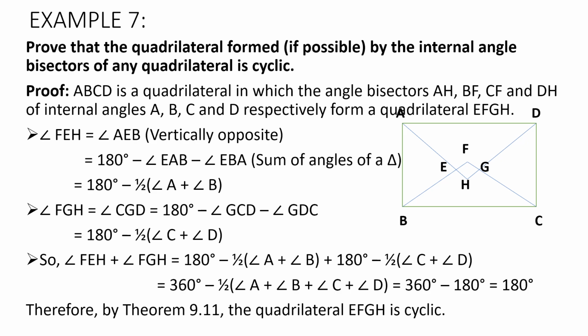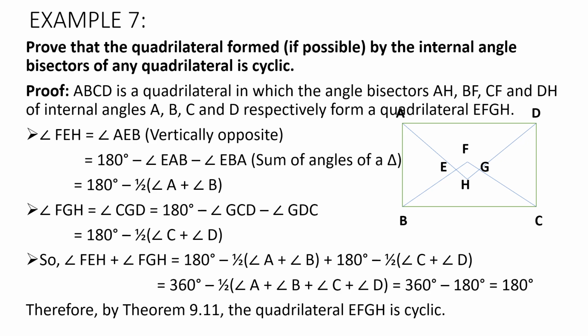Now angle FGH, in a similar manner, will be equal to angle CGD, which is equal to 180 degrees minus angle GCD minus angle GDC. Again by similar logic, angle GCD is half of angle C and angle GDC is half of angle D. So when we add angle FEH plus angle FGH, that is equal to 180 degrees minus half of (A plus B) plus 180 degrees minus half of (C plus D).